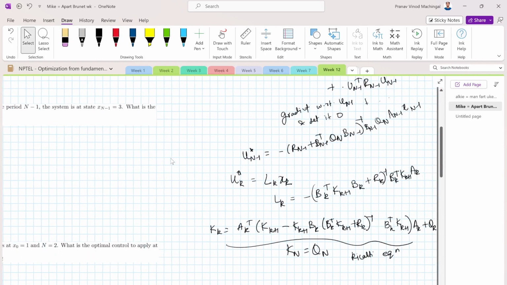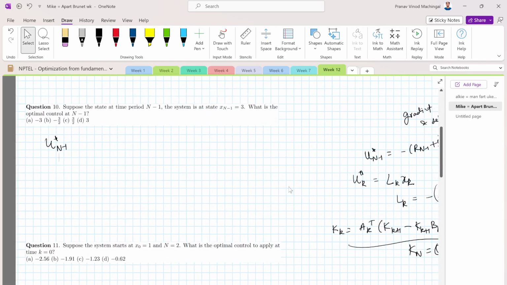So that will be defined in terms of this lkxk. So xk we know is xn minus 1. So it is ln minus 1 into 3, and we need what is ln minus 1.